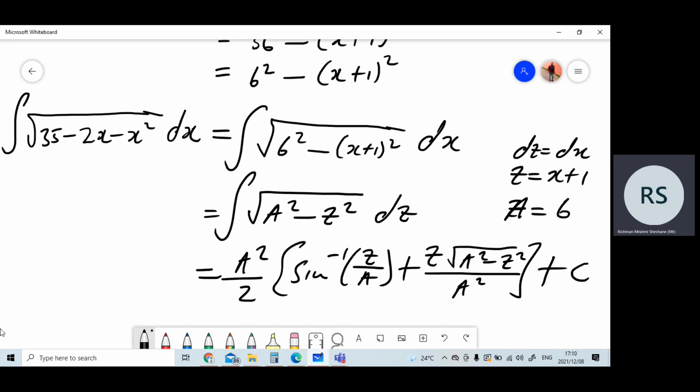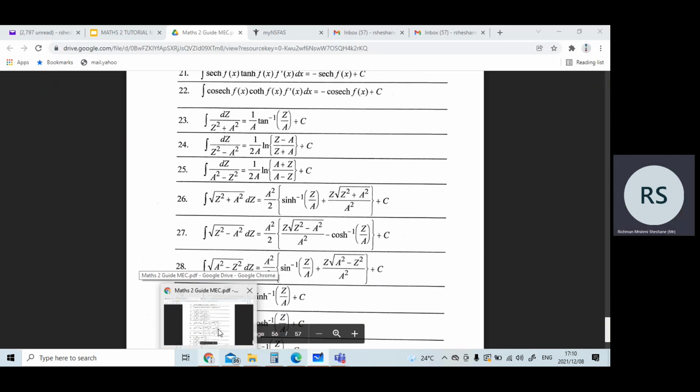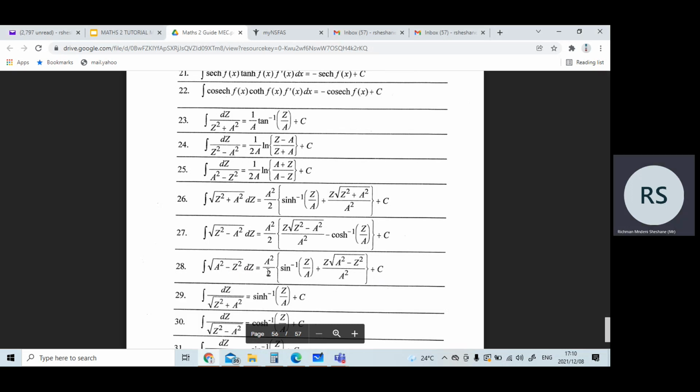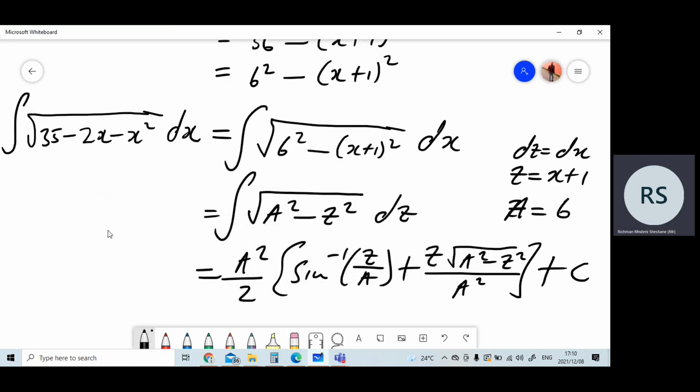I hope I copied this formula correctly. It's number 28, a squared over 2 sine inverse of z over a. Okay, I copied it correctly.